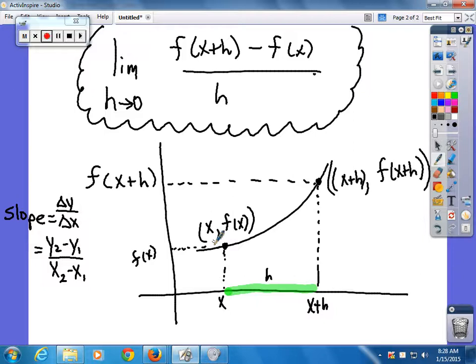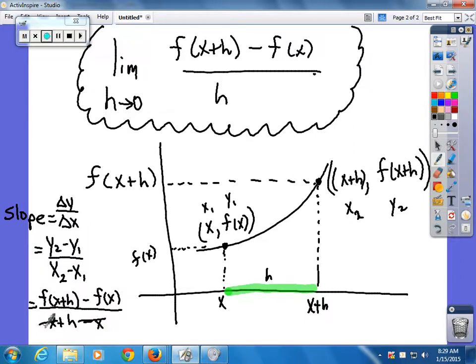Now, this is x sub 2, y sub 2. This is x sub 1, y sub 1. All right, now plug each other. What are you going to get? F of x plus h minus f of x over x plus h minus what?